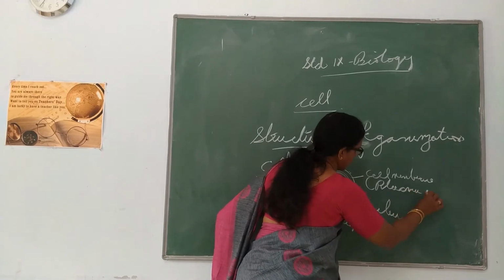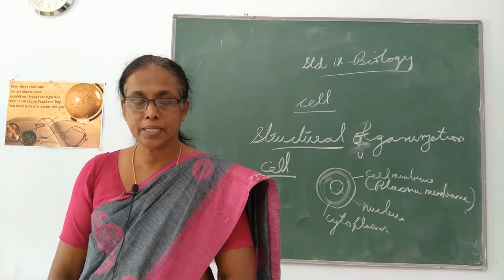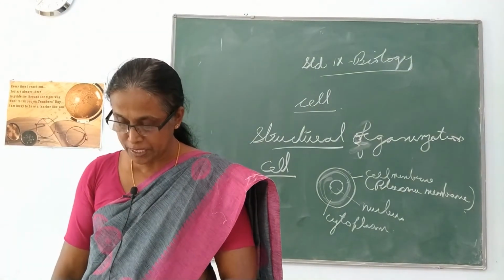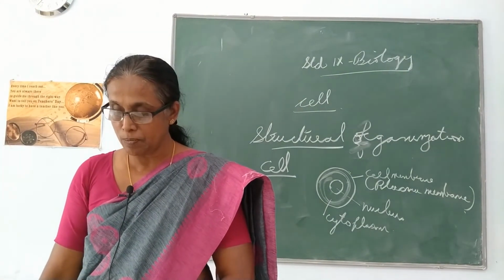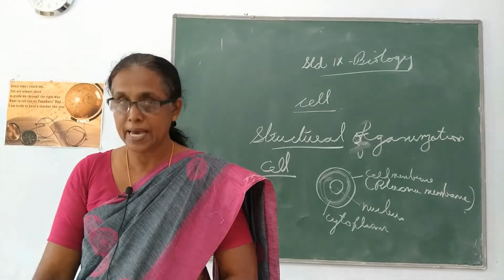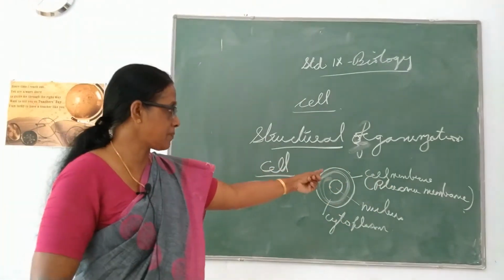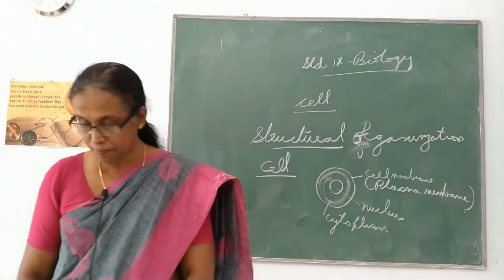The cell membrane, you can call it the plasma membrane. So we are studying the structural organization of the cell. The three features in almost every cell are the plasma membrane, nucleus and the cytoplasm. First, we can study the plasma membrane or the cell membrane.